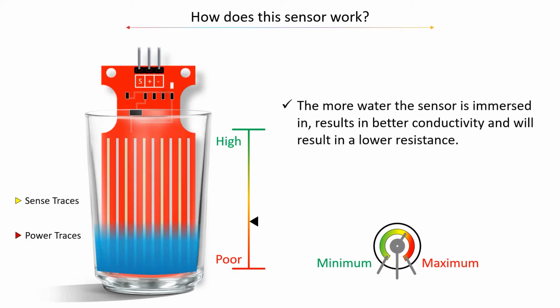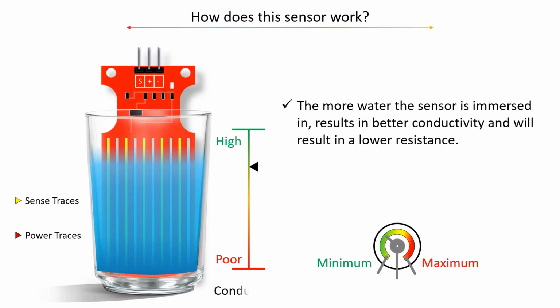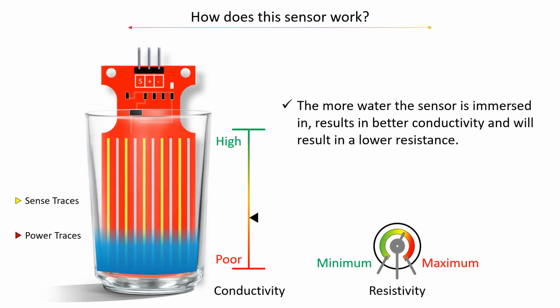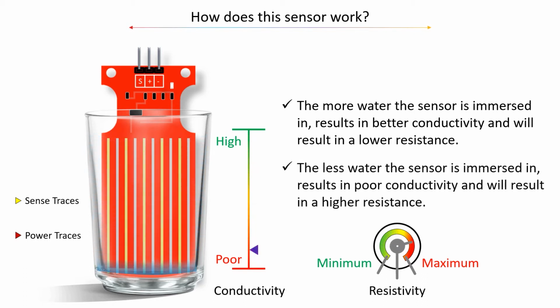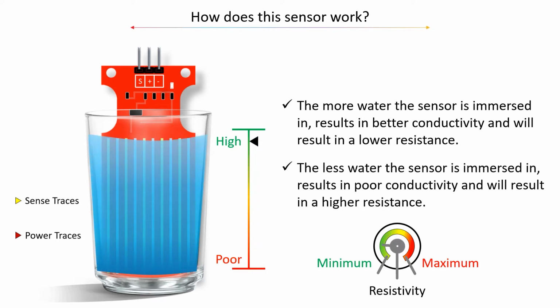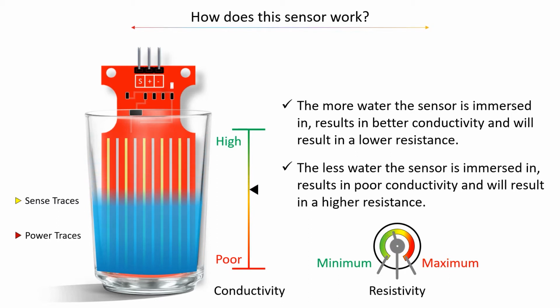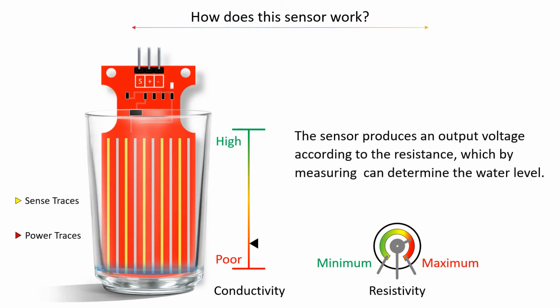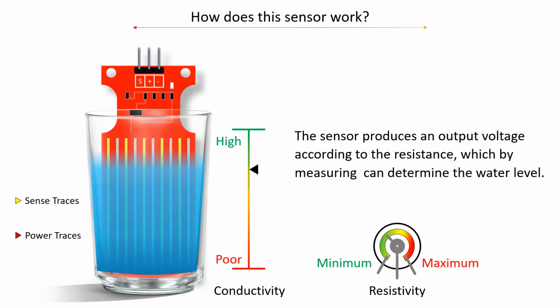The more water the sensor is immersed in, the better the conductivity and the lower the resistance. The less water the sensor is immersed in, the poorer the conductivity and the higher the resistance. The sensor produces an output voltage according to the resistance, which, by measuring, can determine the water level.